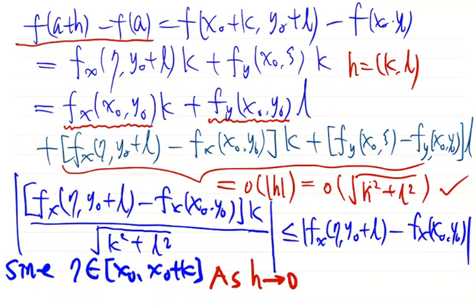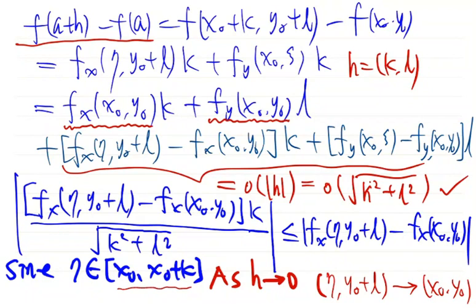Because when h goes to 0, k and L all go to 0. But η is between x0 and x0 plus k, so η goes to x0. Therefore, (η, y0+L) goes to (x0, y0).